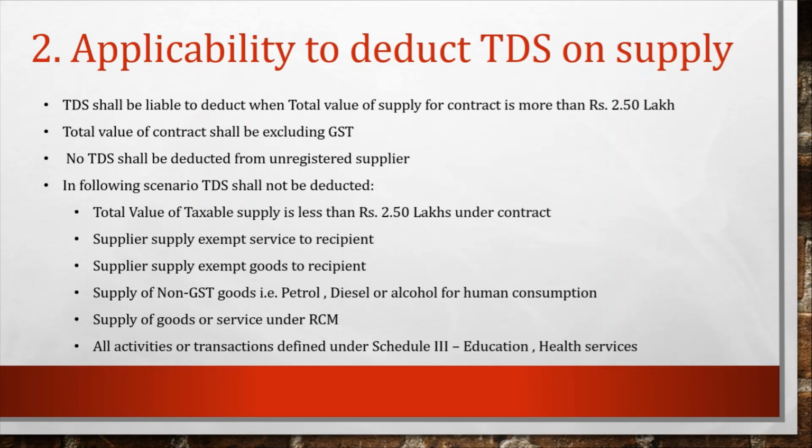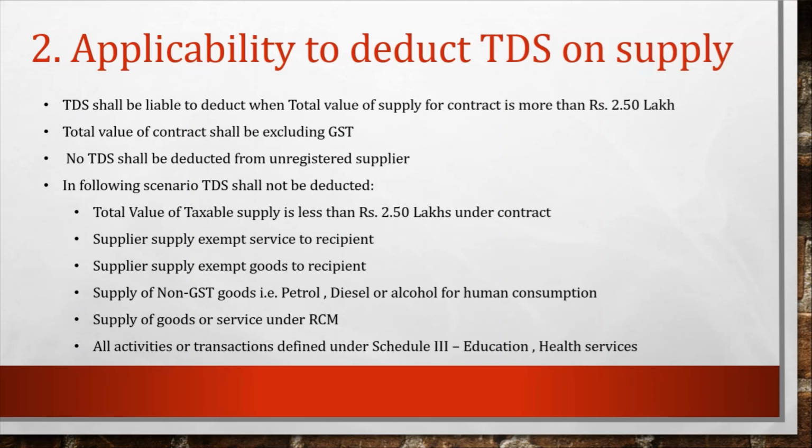Then, if we are receiving services from an unregistered supplier, in that case we will not deduct the TDS. Then there are a few scenarios in which the TDS provision shall not be applied or TDS shall not be deducted. What are those cases?